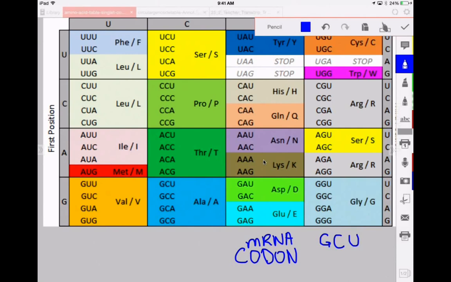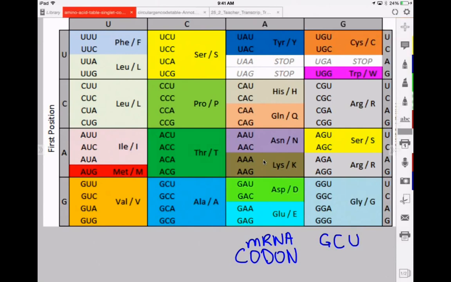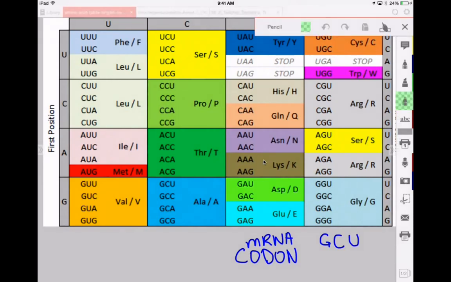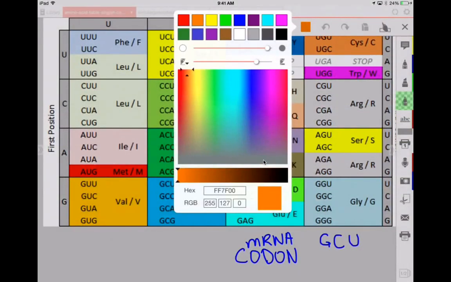If you looked at the mRNA and you saw that, you'd be wondering, well, which amino acid would that be? Okay, so let's get a nice bright orange here. I think that should work, just so that we can see through it.